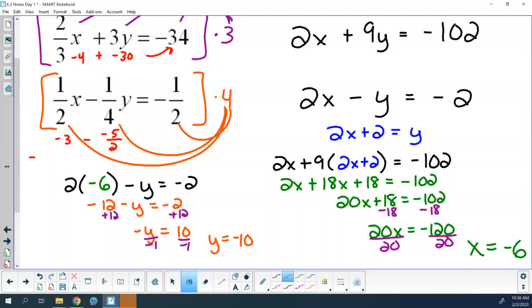So that's going to be -6/2, because -6/2 is -3, minus negative is plus 5/2, which is going to be -1/2. So they both do check out. So my answer then is -6, comma, -10.